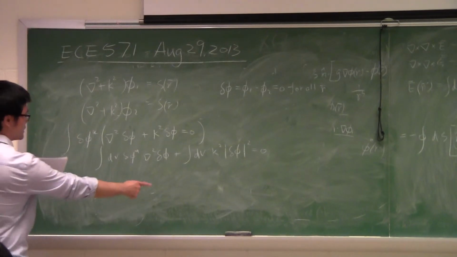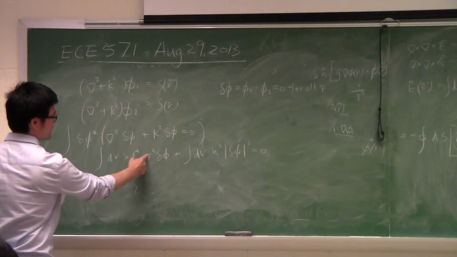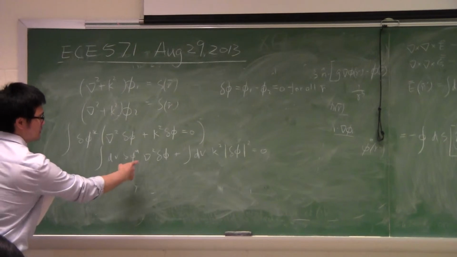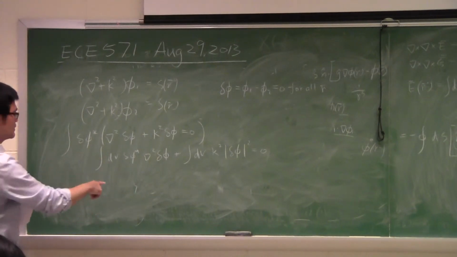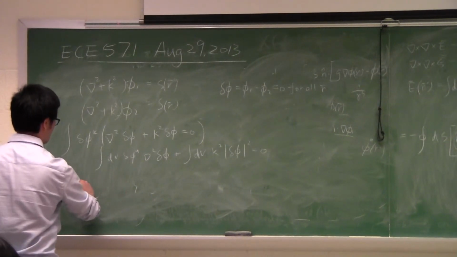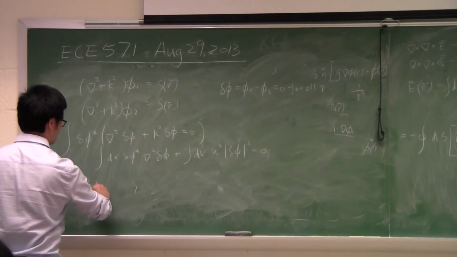And again, use the same chain rule to move this del to here, but the other one will become a divergence of this.